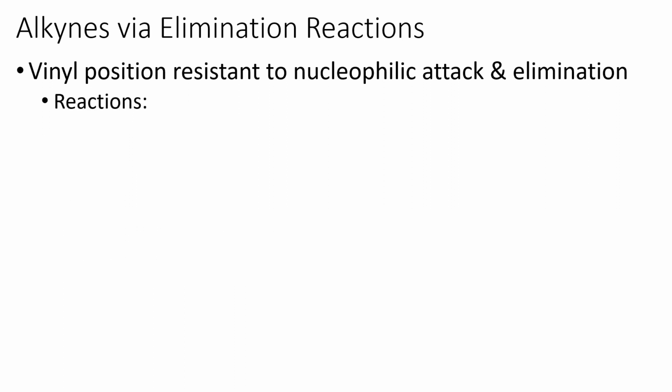So specifically looking at this reaction that we're talking about, alkynes via an elimination reaction. Remember, for elimination, we do have to have a halogen, but now we're going to put that halogen in a vinylic position. One of the ways that we can create the alkyne is through the use of a base and heat, so NaOH and heat as well.